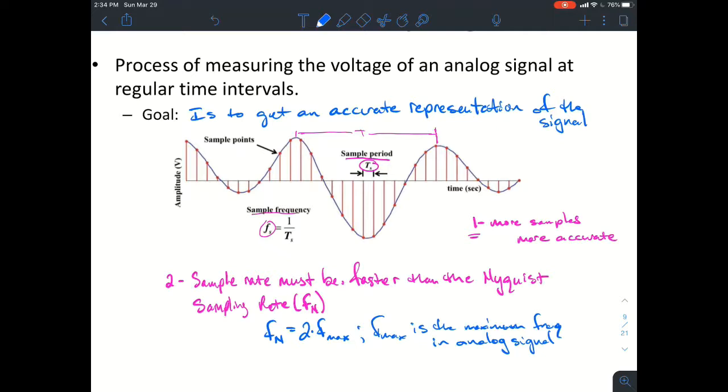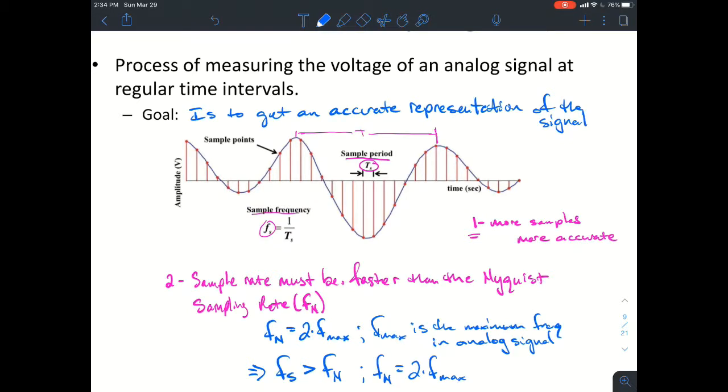So when we're all through with that, our sampling frequency, F sub S, must be greater than F sub capital N, where F sub capital N is equal to 2 times F sub max.